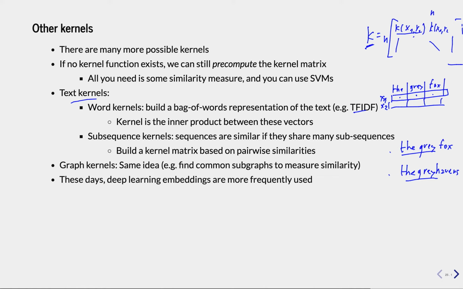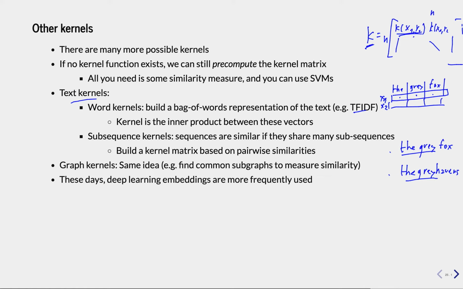You can do the same thing for any other sequence. You can use the length or the number of common subsequences to compute a similarity, and you can then again build a kernel matrix.